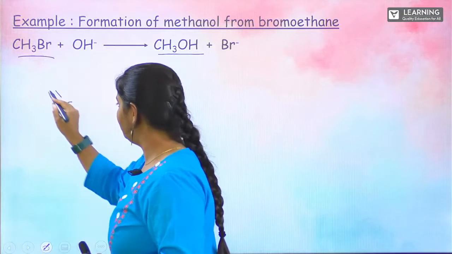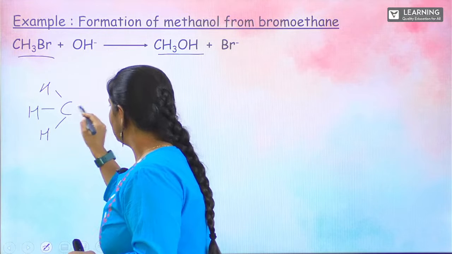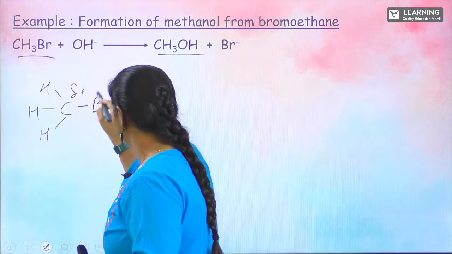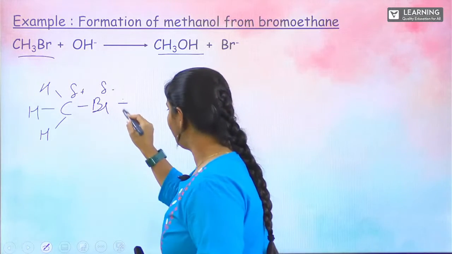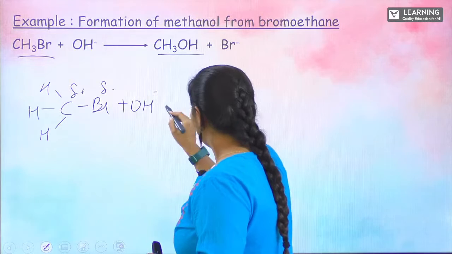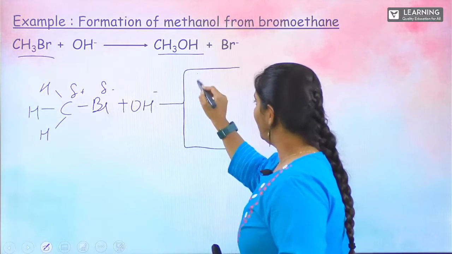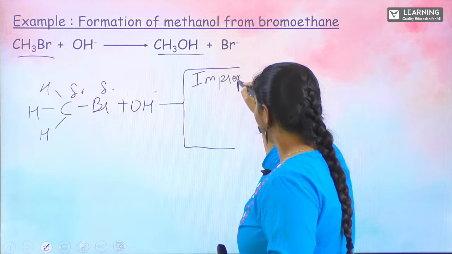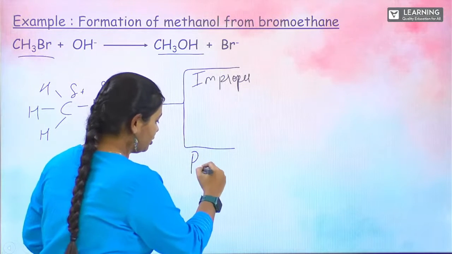So here we have CH3Br plus OH. Here I have improper orientation, and here I'll have proper orientation.